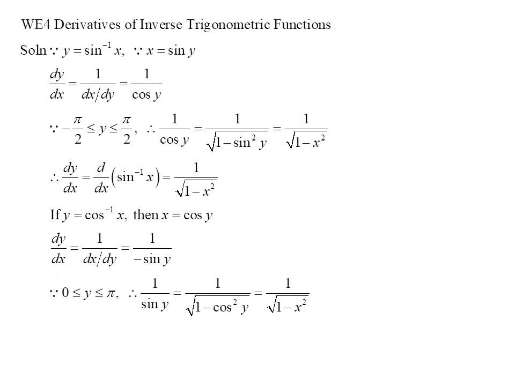Since the range of arc cosine x is between 0 and pi, including both endpoints, the reciprocal of sine y equals the reciprocal of the square root of 1 minus the square of cosine y, which is the reciprocal of the square root of 1 minus x squared. Hence, the derivative of arc cosine x equals negative 1 over the square root of 1 minus x squared.